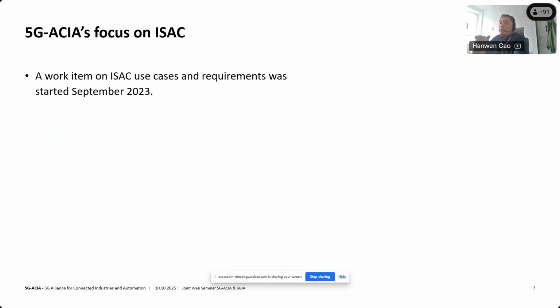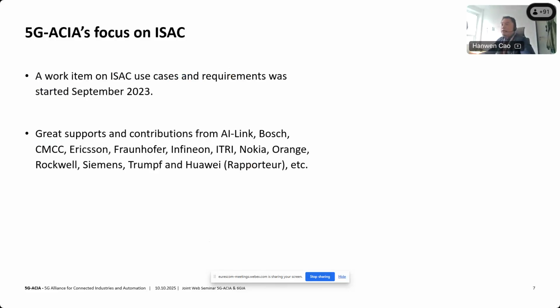So with 5G-ACIA, we have established a work item since September 2023, investigating the ISAC use cases for industries. And we got great support from many companies, ranging from ICT companies and also from operation technology companies, with Huawei and me personally taking the role of rapporteur for this work item.